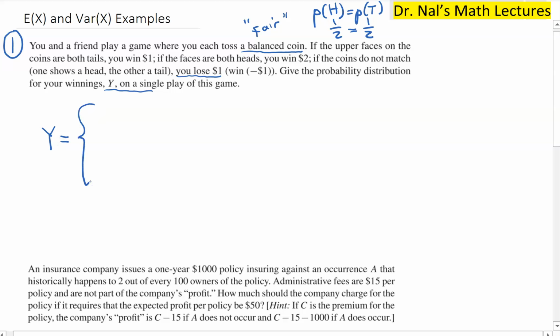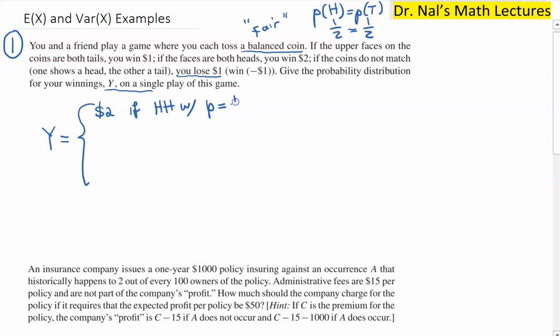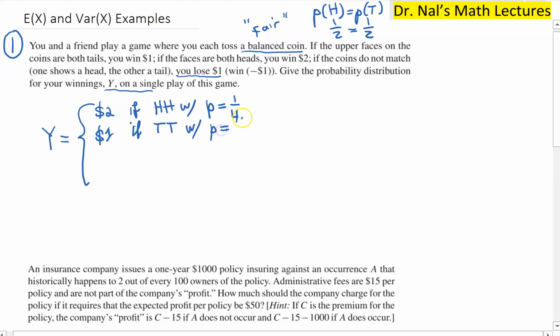So either you will win $2 if head, with probability, well, what's the probability that you flip 2 coins, you and your friend, and both come up heads? That's 1/4. Or $1 if tail, we still win some money, right? With probability, well, both of them coming up tails is also 1/4.